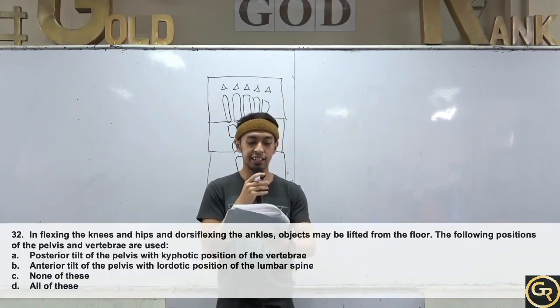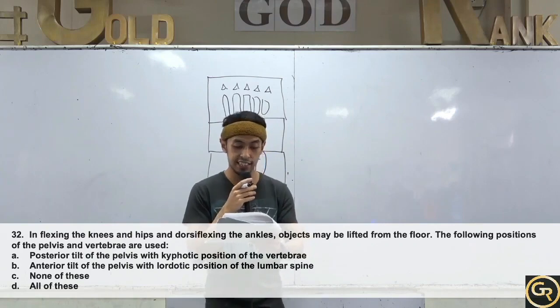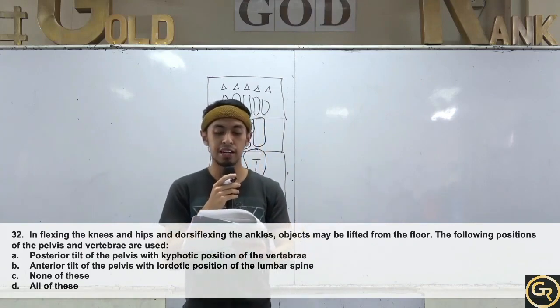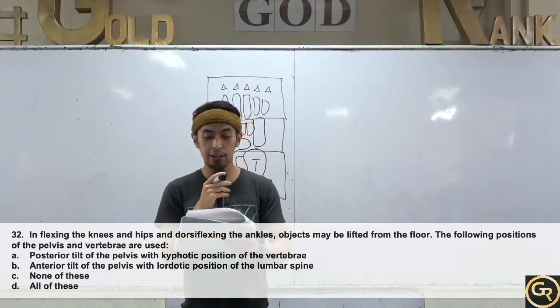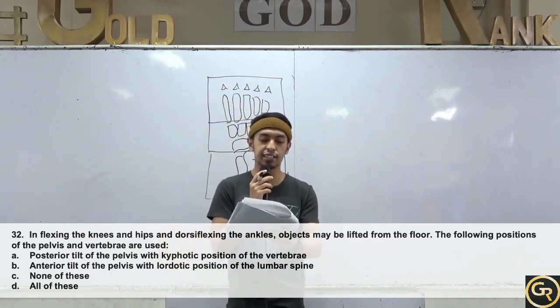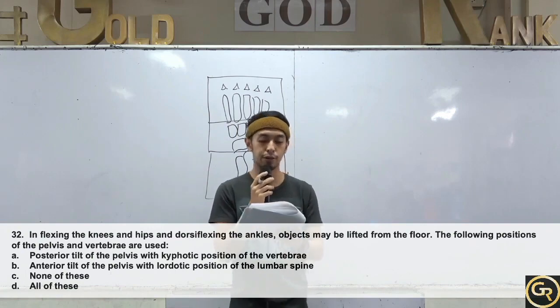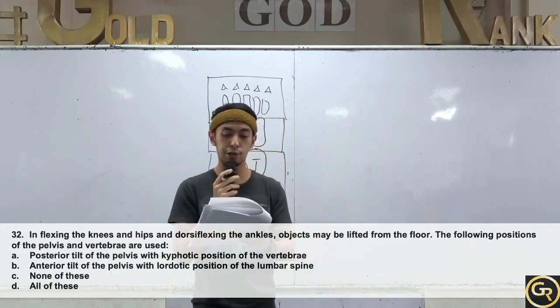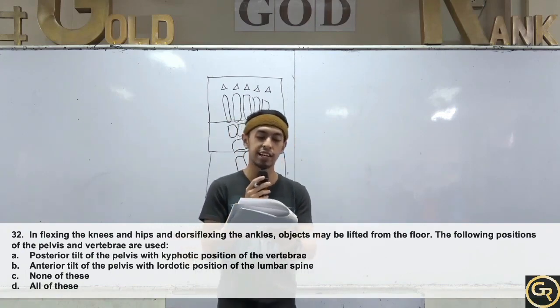32. In flexing the knees and hips and dorsiflexing the ankles, objects may be lifted from the floor. The following positions of the pelvis and vertebrae are used. Okay? So based from your Brunnstrom, there would be two positions of the pelvis for this one.